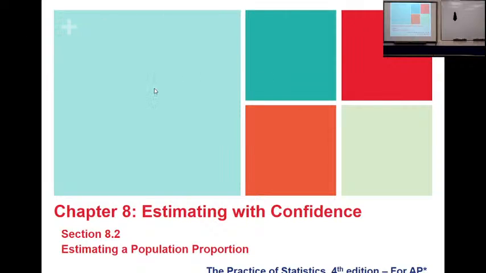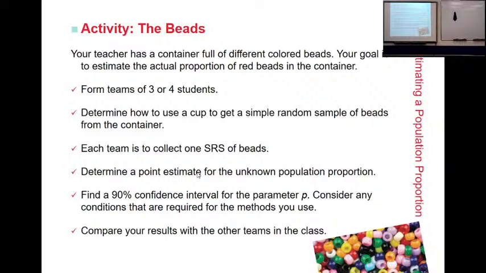And so as we look forward through most of today, the activity that they're going to be talking about is going to be this activity here, which is that we have a container full of beads, and we want to estimate the proportion of red beads in the container.